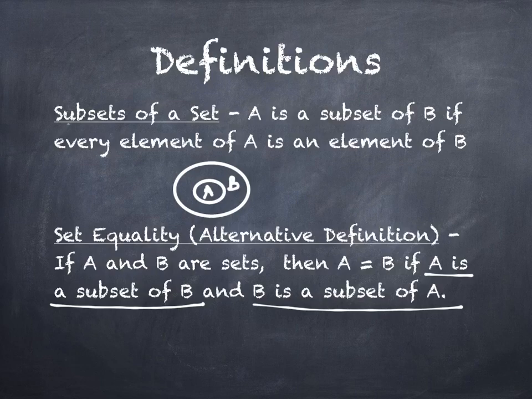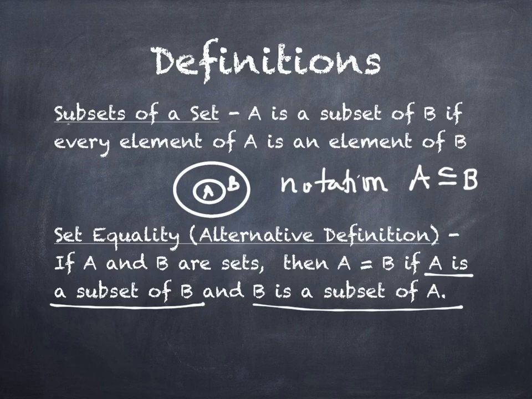Now, I haven't written down the notation for this yet, so let's do that. If A is a subset of B, the notation for that looks like this. Okay, so it's kind of sloppy, but it looks sort of like a C or a sideways U, and it's got a line underneath it.